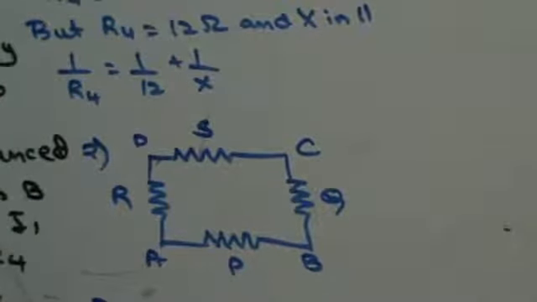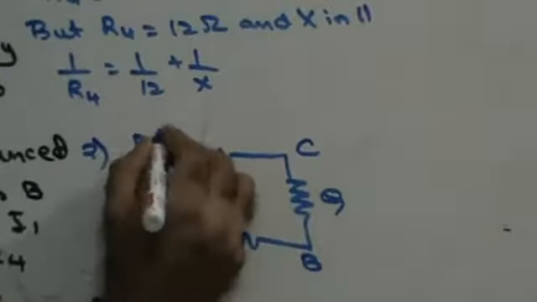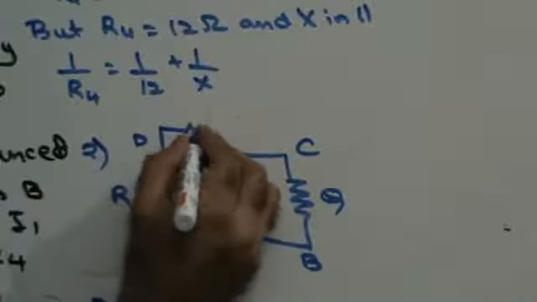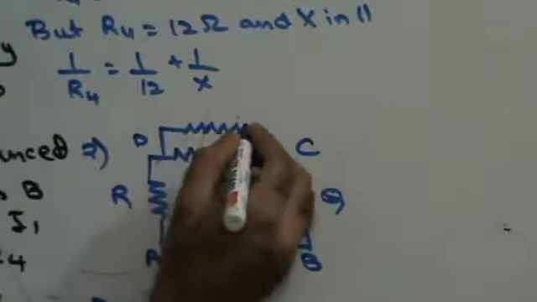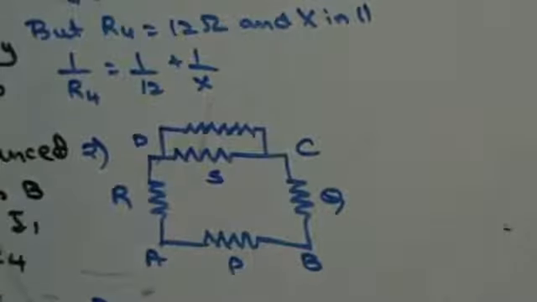Find the resistance to be connected across S so that the network is balanced.